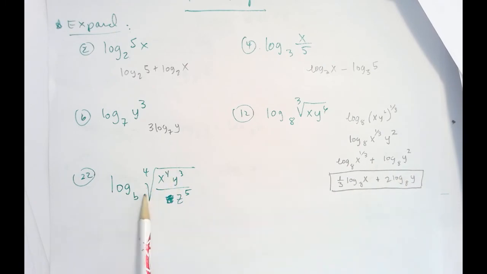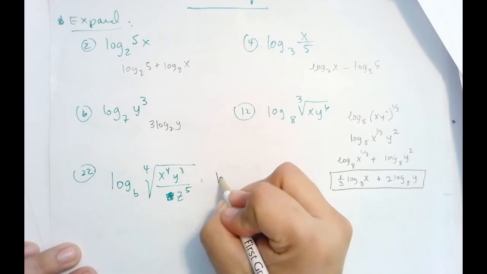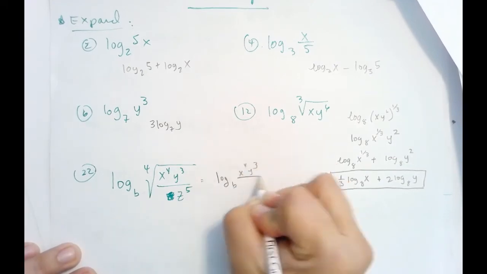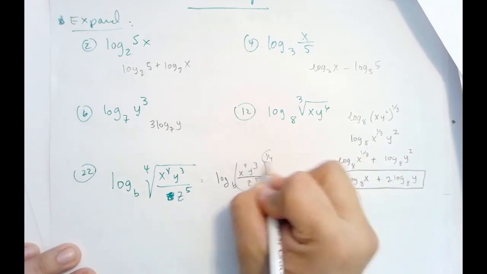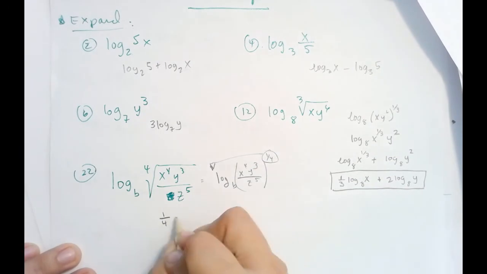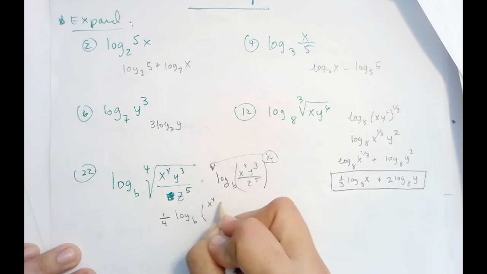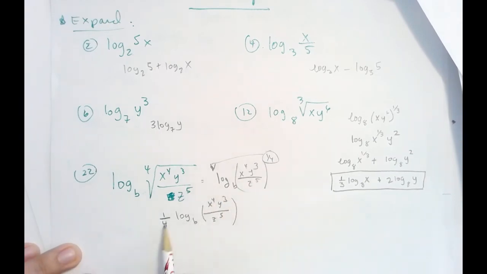But in this case, I'm going to try a different approach. This is the log base b of x to the 4th y cubed over z to the 5th. All of this is raised to the 1/4 power, so I'm going to do the power property first. So this is essentially 1/4 log base b of all of this business. Now I'm going to expand this, but I'm going to remember that I have a 1/4 in front of everything.